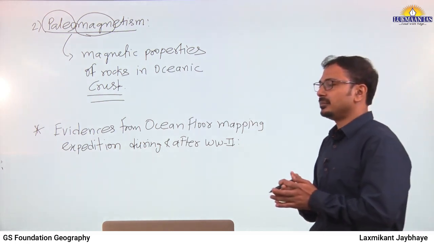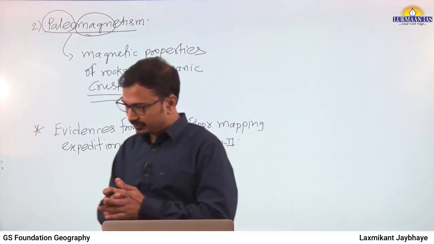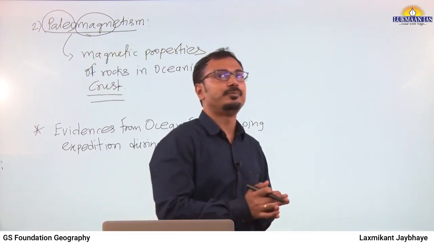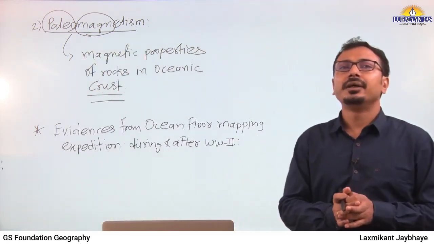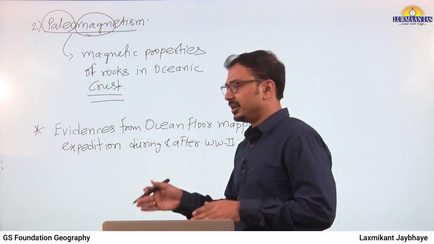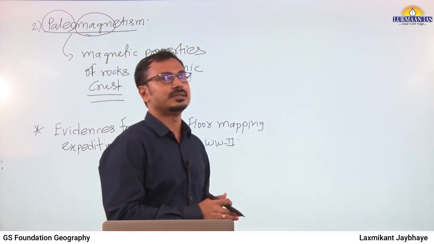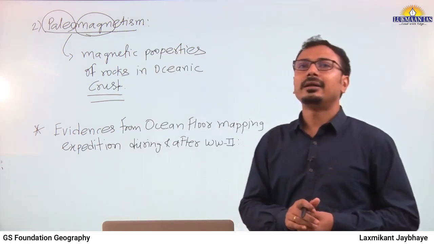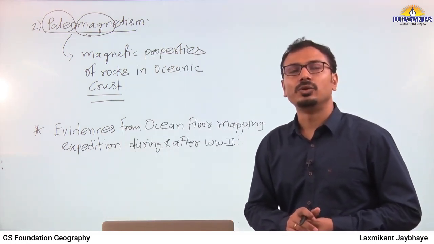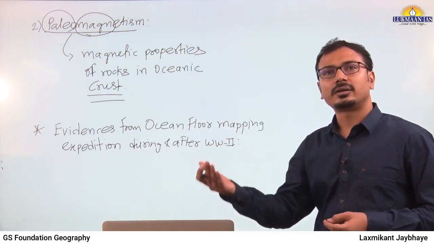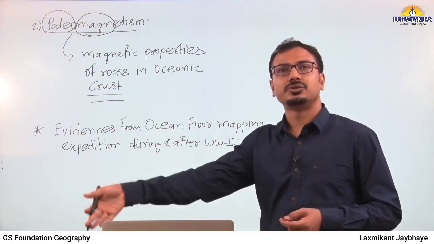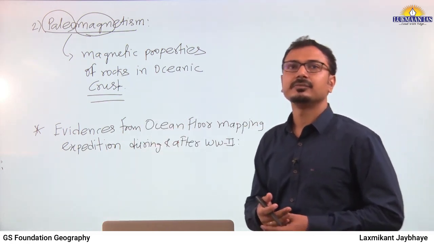At the same time, deep trenches are found whenever the continental mass is meeting the oceanic floor. And from that it is understood that the old crust is being consumed in the trench regions.